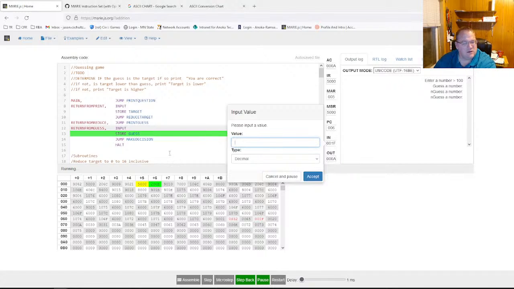Oh, well, that's interesting. Oh, because this is 32 in hex. So let's try a fairly large number here. A 99. Okay, that's greater than. So we got the greater than. And then now we want 32. So 32 in hex is 3 times 16 would be 48 plus 2. So 50. That was equal. Okay, good.